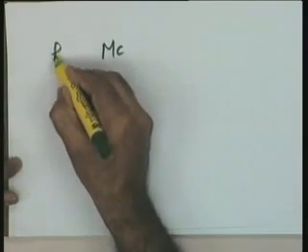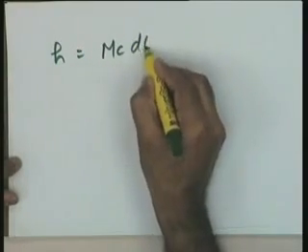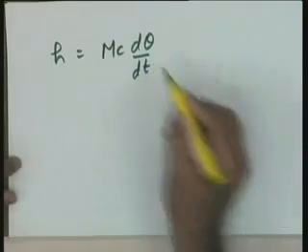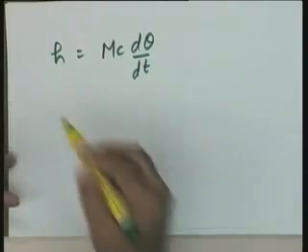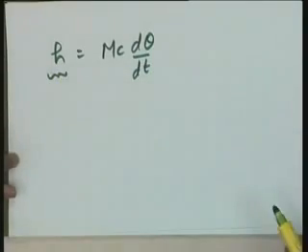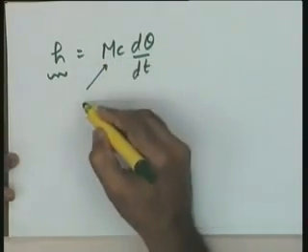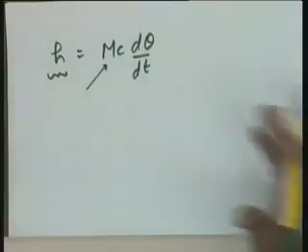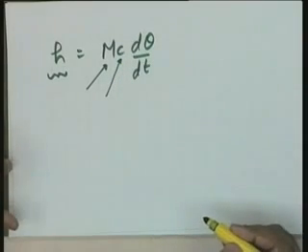You see that H equal to MC d theta by dt is the basic equation. You can see this is heat flow rate in joules per second, m is the mass of the material whose heat storage capacity is being considered, C is the specific heat of the material.